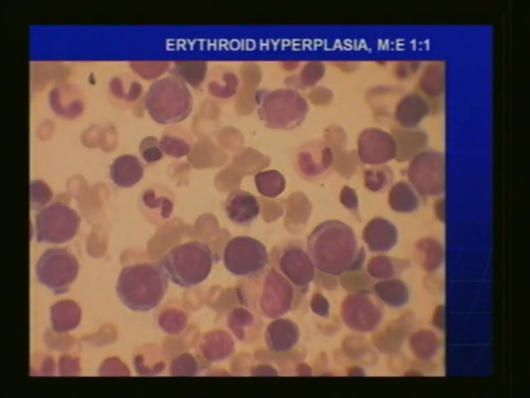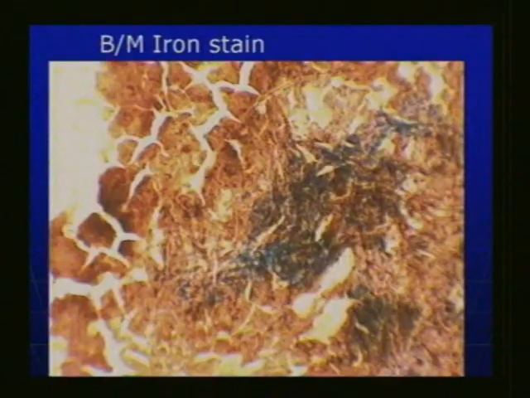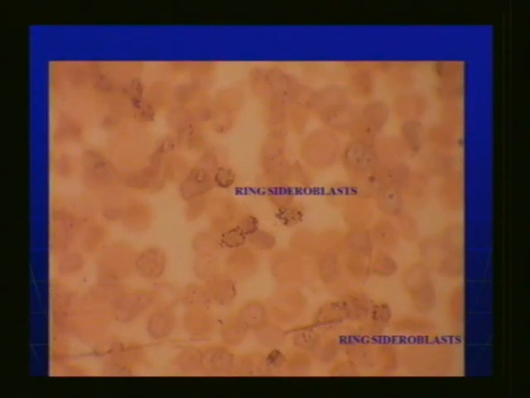This is the bone marrow showing many erythroid components. The M:E ratio in this marrow was 1:1, 50-50, and the iron stain shows quite increased iron in this area. And here you can see the individual erythroid precursors showing the ring form of siderotic granules in the erythroid cells.